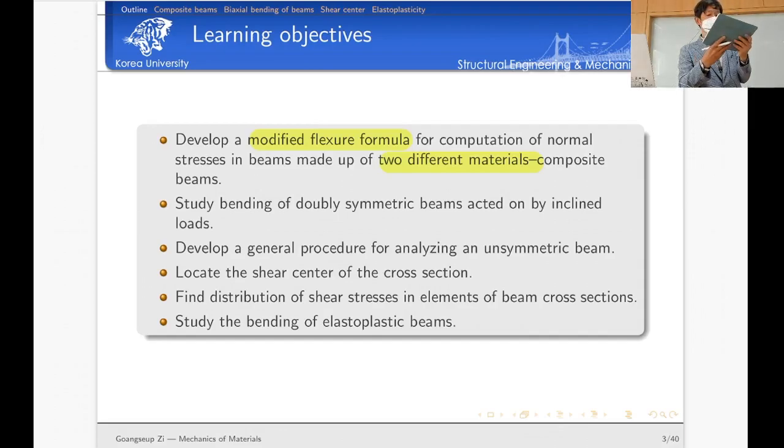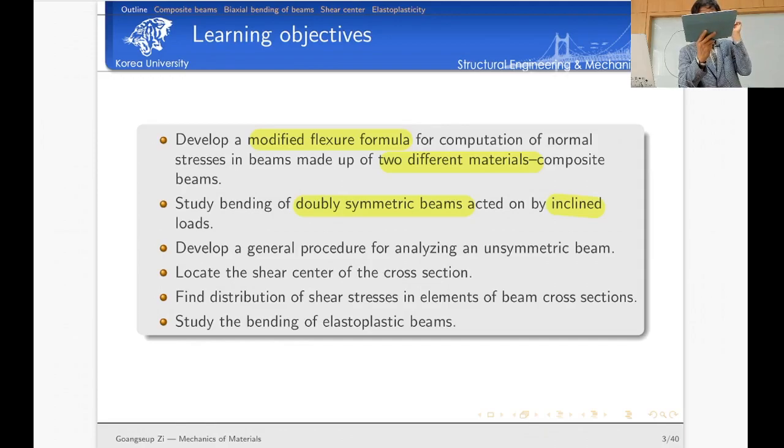And then we also want to consider the bending of doubly symmetric beams, when we consider the inclined load. Up to the last point, we considered only the horizontal neutral axis. In a two-dimensional problem, if you look at the neutral axis in the transverse direction, the neutral axis position was just a point, is it right?